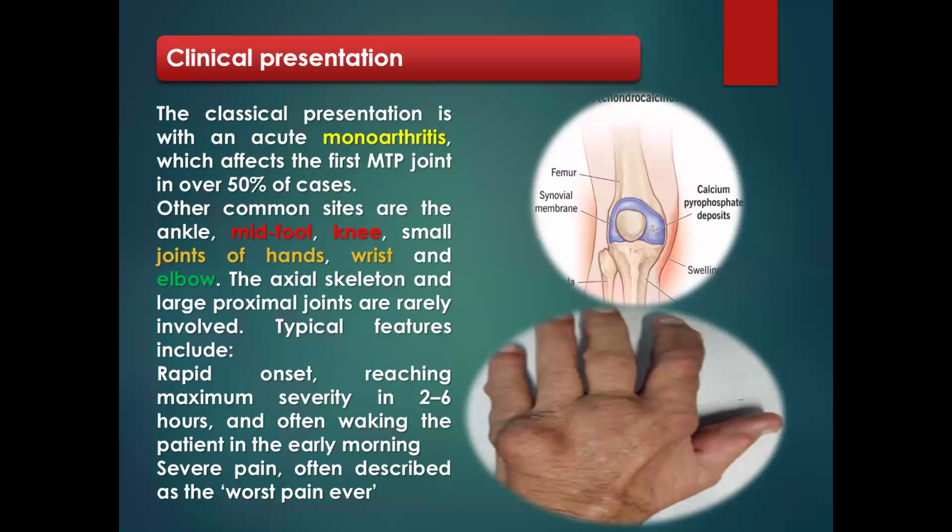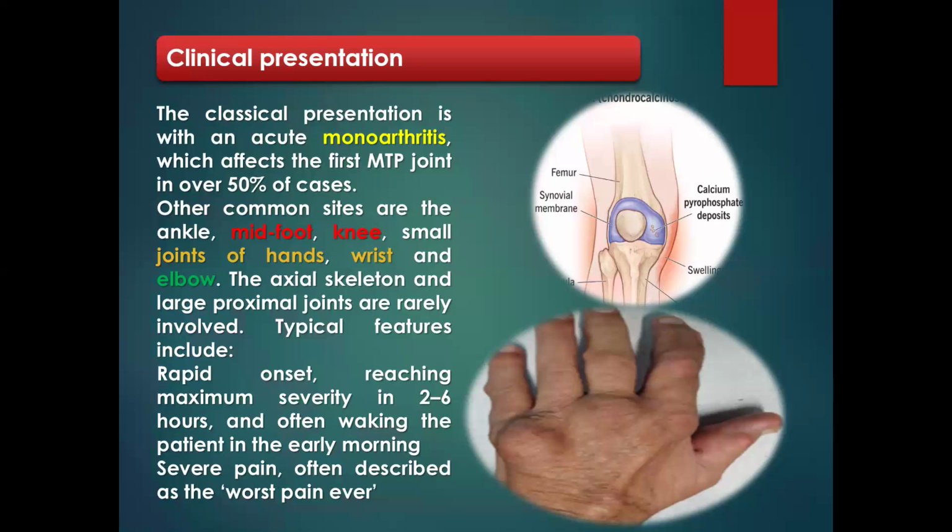And mostly, the first joint it affects is the metatarsophalangeal joint in 50% of the cases. Other common sites are the ankle, like we saw earlier, the midfoot, the knee, small joints of the hands, wrist, and the elbow. You can also find it at the knee and foot.